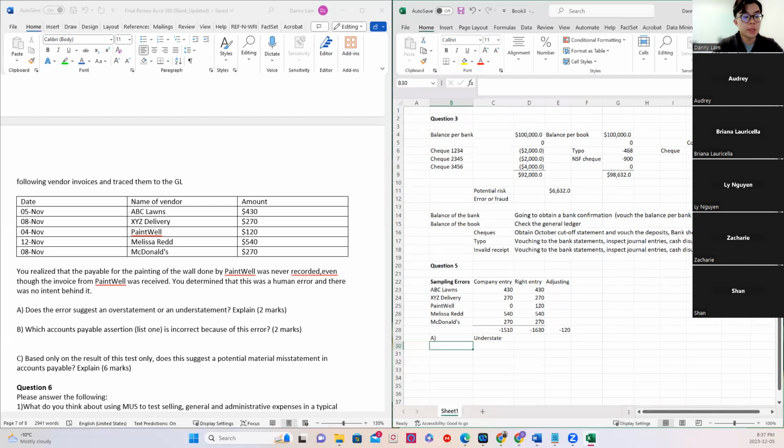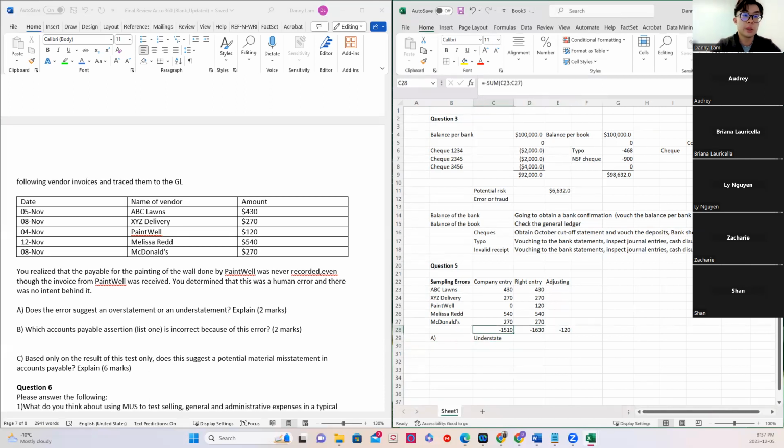Yeah. So it looks like it's accuracy, but remember, there's a bias to it. They didn't teach you the word bias in Acco 360. I just use this word bias because it's more common sense, and it usually leads me in the right direction when I'm not too sure. So remember omission, right? They're omitting the 120.